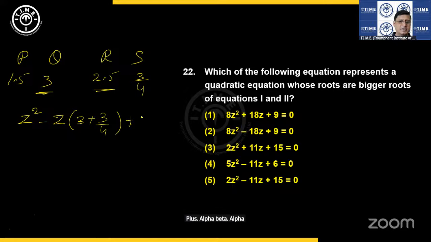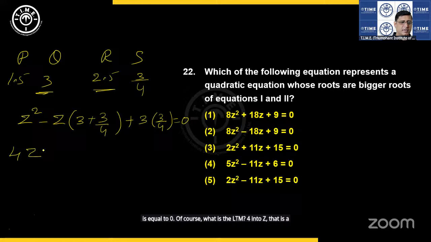Alpha beta means here 3 into 3 by 4. Of course, 4 is the LCM. 4 into z, that is 4z square. Now, what is next here? 3 plus 3 into 4, 12. 12 plus 3, 15.